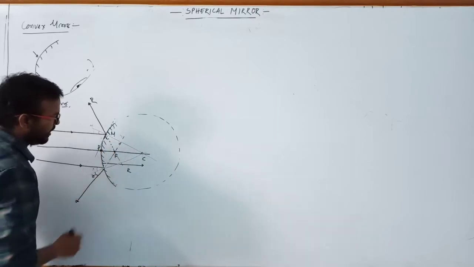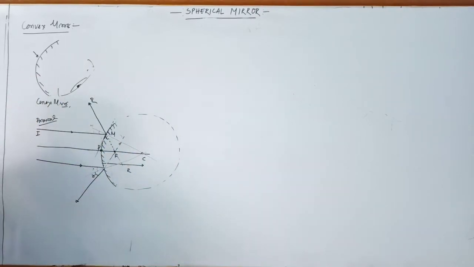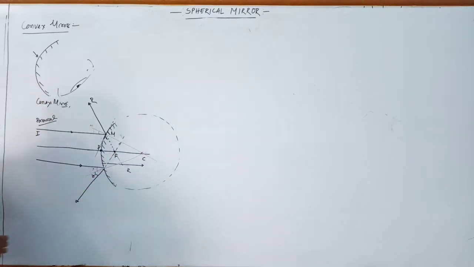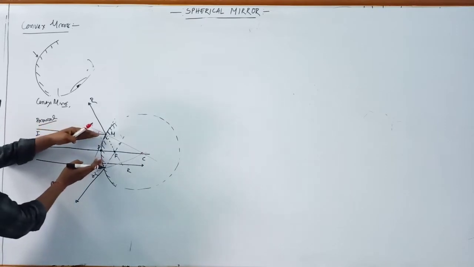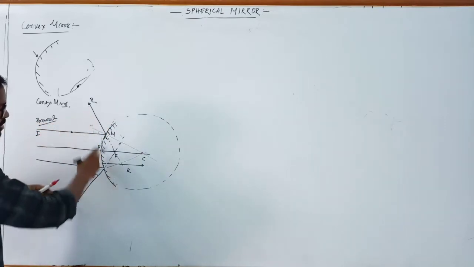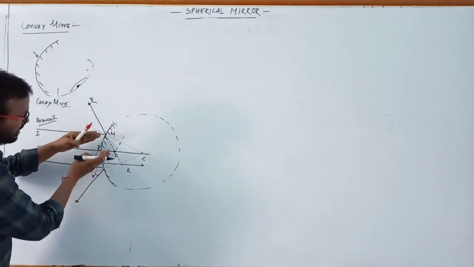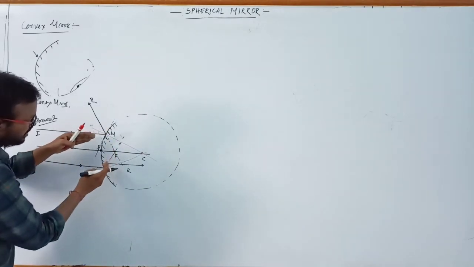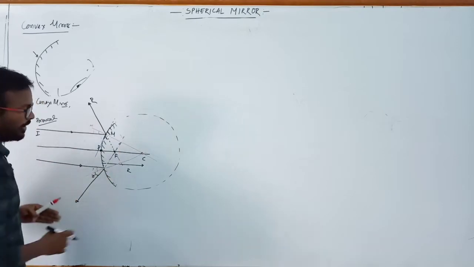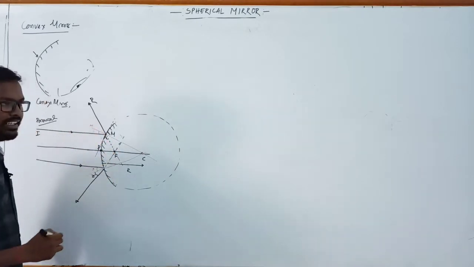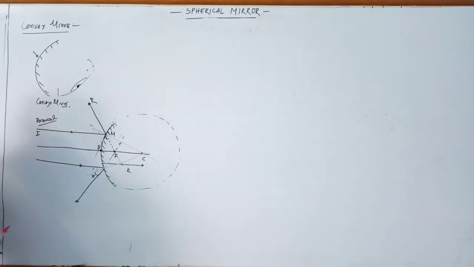Clear? It meets at a point on the back side of the mirror on the principal axis, and that point is known as the focus point. That means all the paraxial rays, after being incident on the convex mirror, if we produce them backward, all meet at a common point, and that common point is known as the focus point.